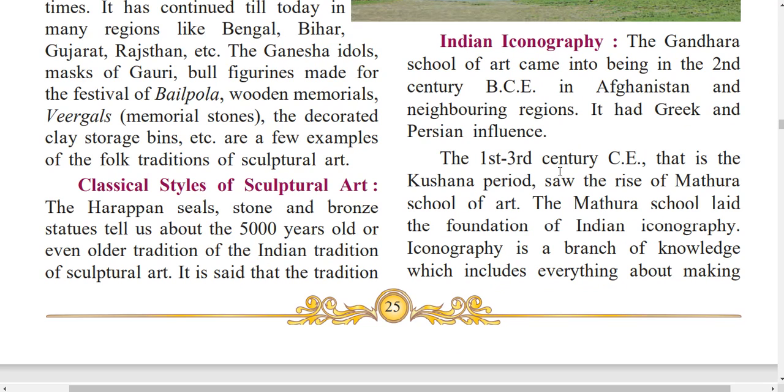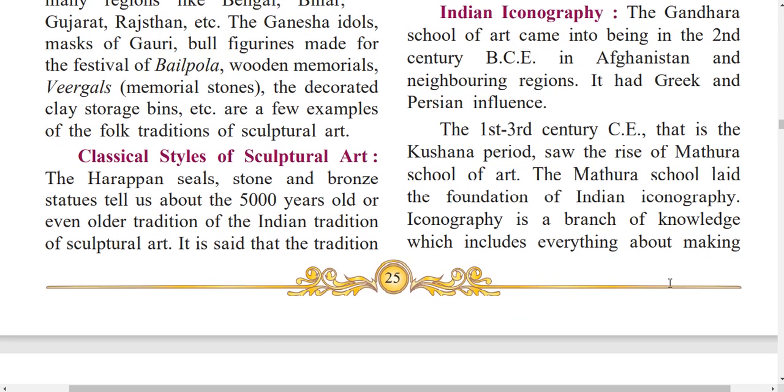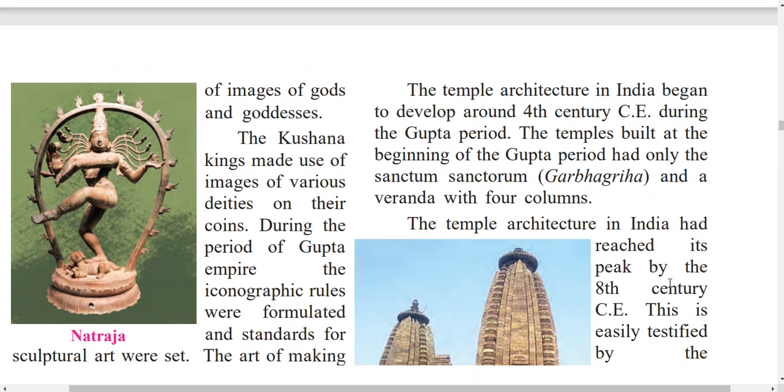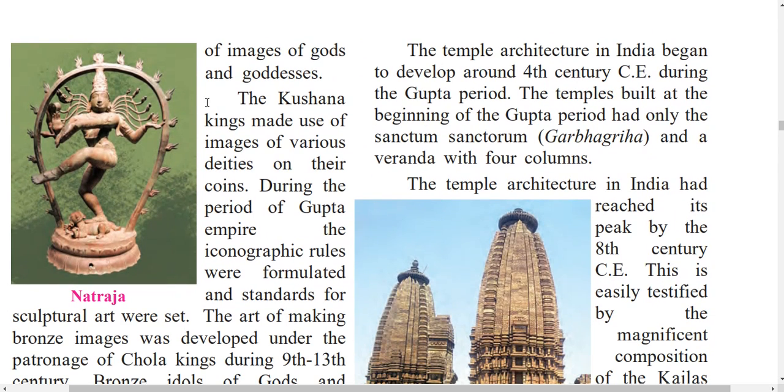The 1st to 3rd century CE, that is the Kushana period, saw the rise of the Mathura school of art. The Mathura school laid the foundation of Indian iconography. Iconography is a branch of knowledge which includes everything about making of images of gods and goddesses.